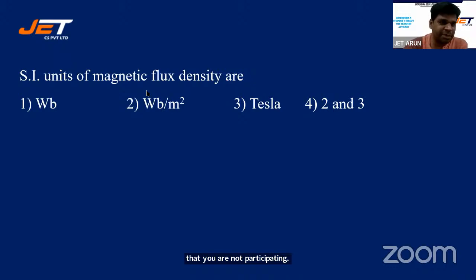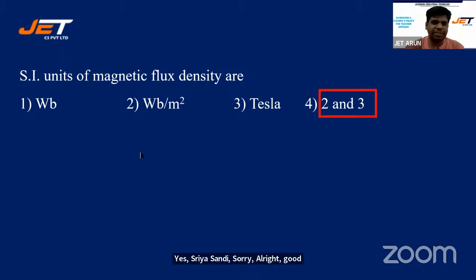Yes, Riya, Sandeep, Bhavna, Pranita, Vishwant, Dikshita, all are right. Good. Let's look at the key. Yes, 2 and 3, Weber per meter square, and that is also given the name Tesla in honor of Nicholas Tesla. All right, let's look at the next one.